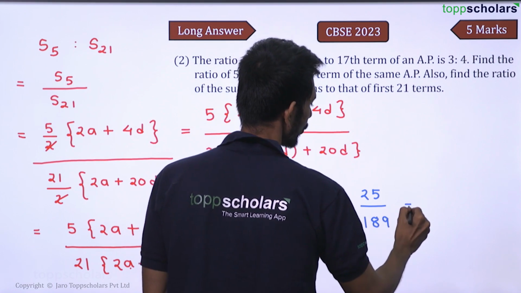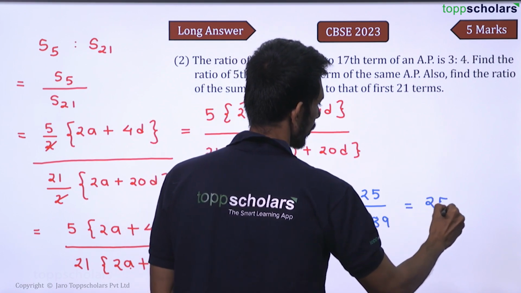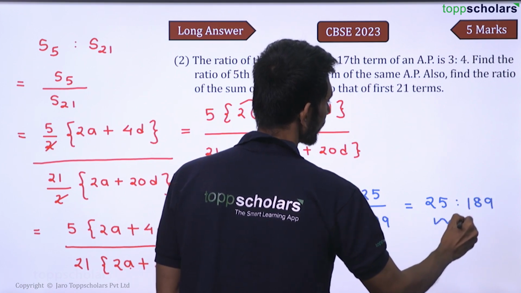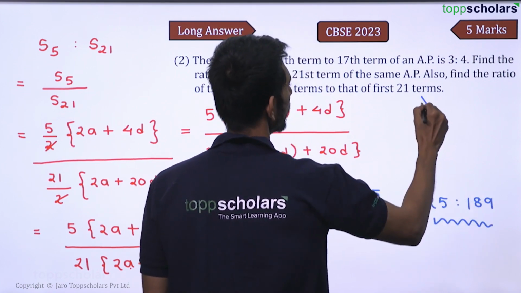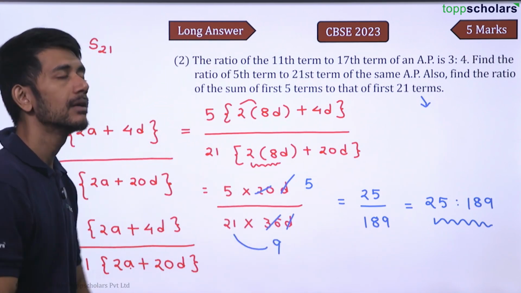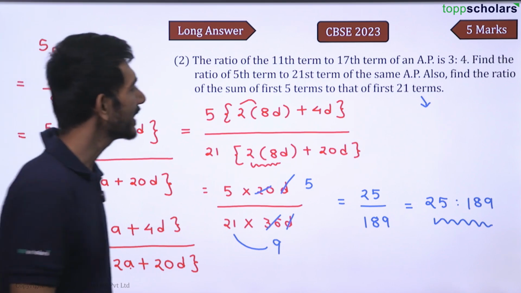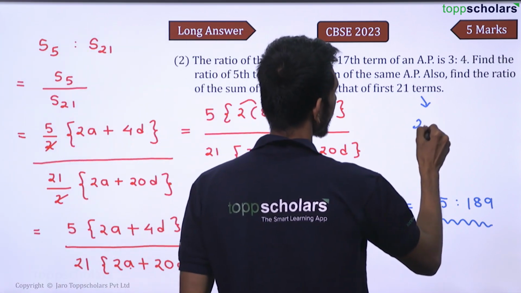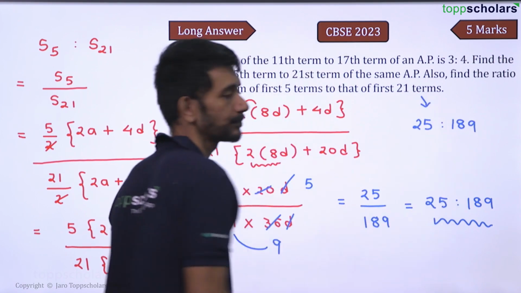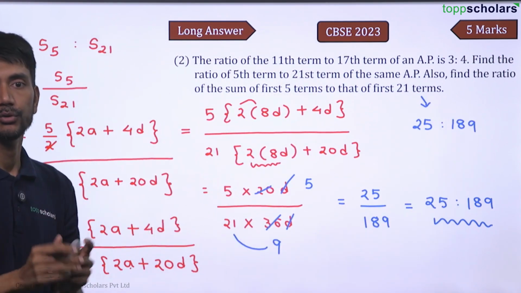So what is the ratio? The ratio is 25:189. This answers your second question, by the way. This one. That the ratio of the sum of the first 5 terms to the sum of the first 21 terms is 25:189. I hope this part is clear to all of you.